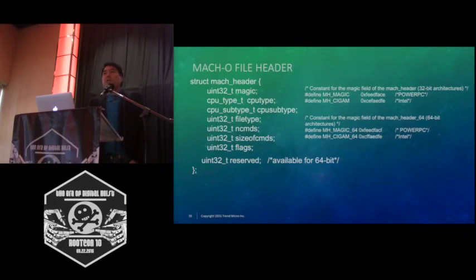Unlike in PE, the Mach-O file uses load commands, and load commands basically give you details on, for example, how the loader would load the Mach-O file into memory, or where the first code that will be executed is.